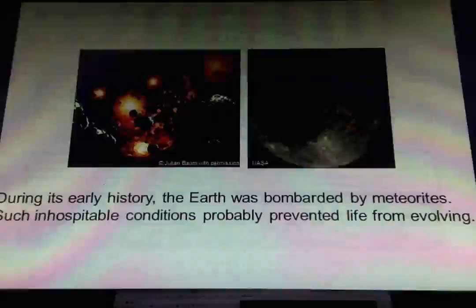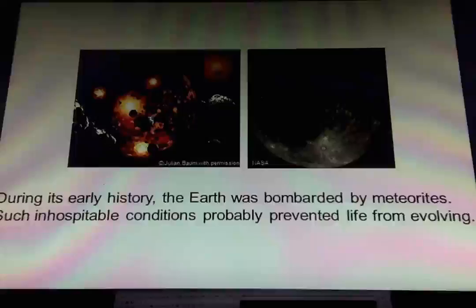So during the early history of Earth, obviously, if another planet impacted into us, we would have been bombarded by lots of meteorites and asteroids and other planets hitting into us because there was chaos in space at this time.